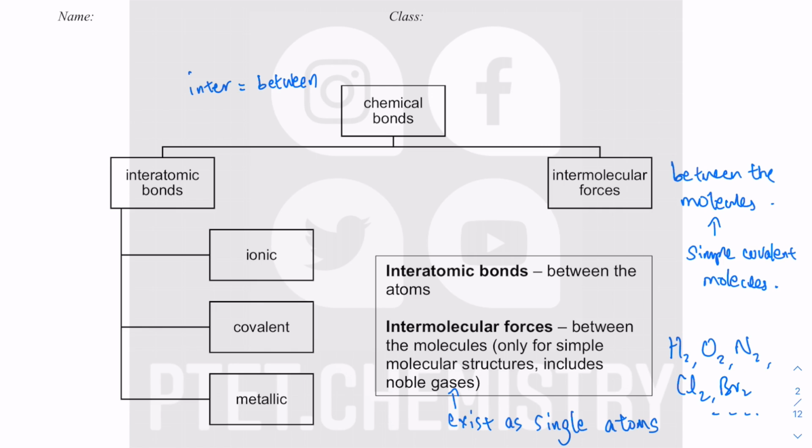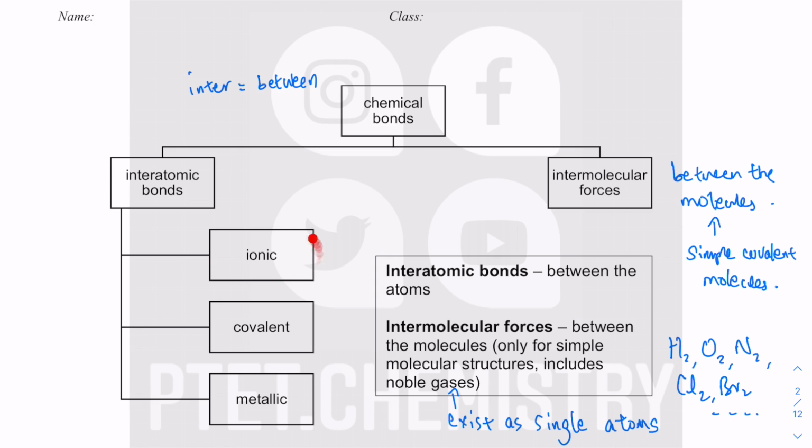The other type, of course, is the interatomic bonds, chemical bonds between the atoms. We've got ionic, we've got covalent, we've got metallic. Each of these is a technical spelling. You shouldn't have gotten them wrong to begin with. And we talked about earlier between what sort of interactions.